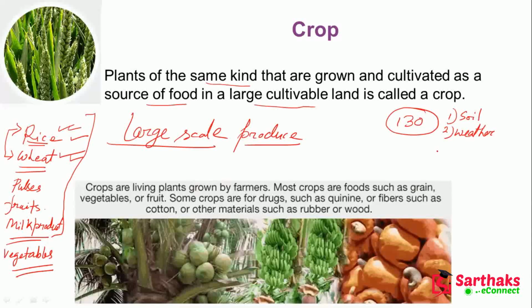That means weather. So you require a suitable weather, a suitable soil, and other things that are not dependent on the environment.